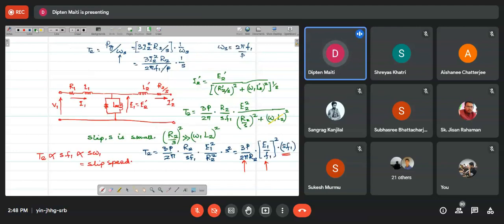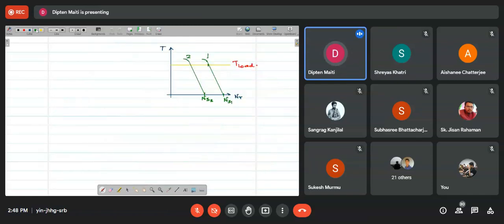Now, by our discussion here, the electromagnetic torque is proportional to the slip speed. You can see that this torque would be proportional to the slip speed here and proportional to the slip speed here. So the slip speed required in this case to produce the torque would be given by the slip speed here and the slip speed here.